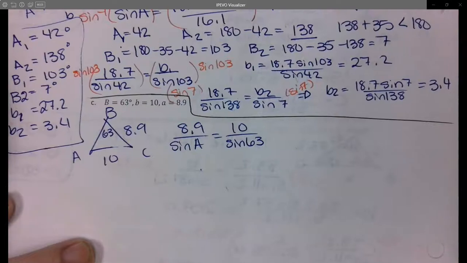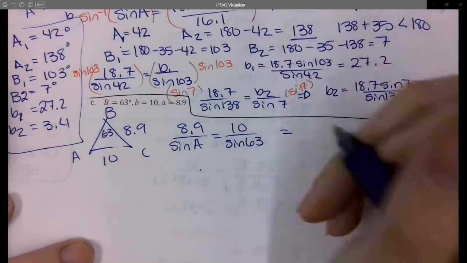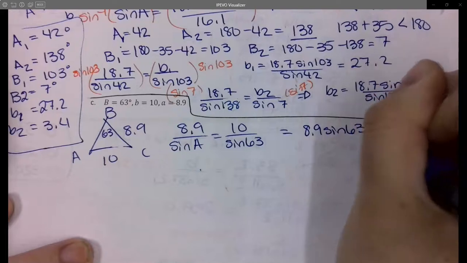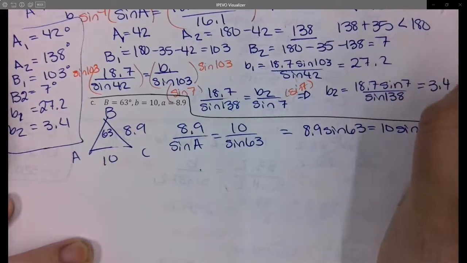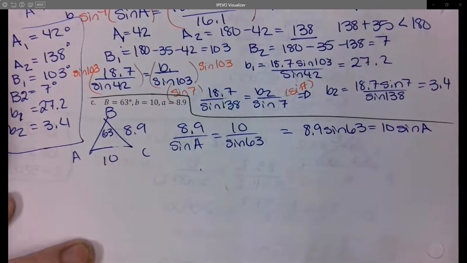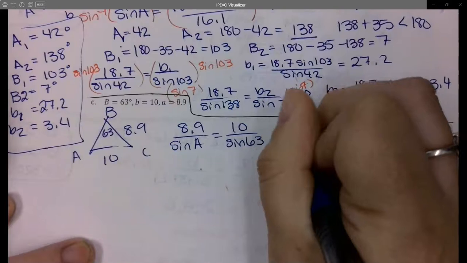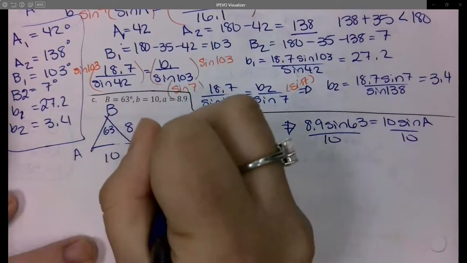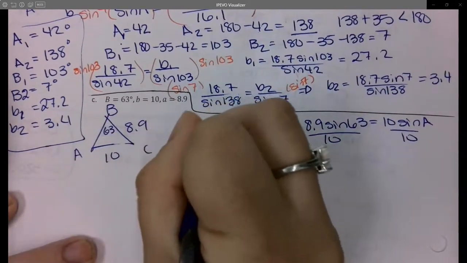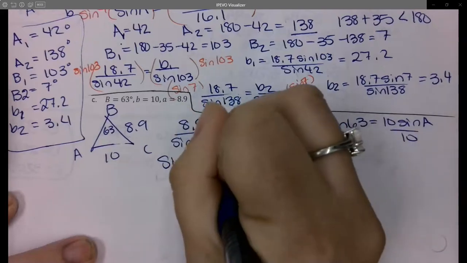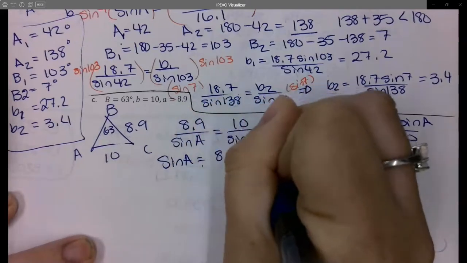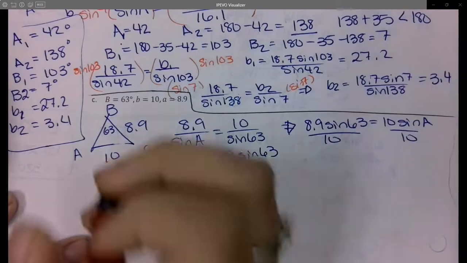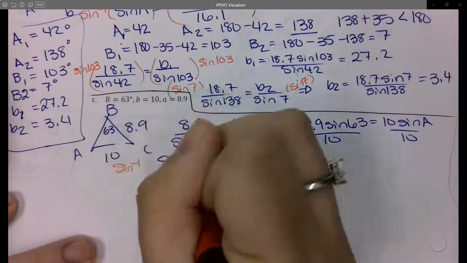On this one, I want to cross multiply. So I'm going to have 8.9 sine of 63 equals 10 sine A. I want to divide both sides by 10. This will get me sine A equals 8.9 sine 63 over 10. Then I need to find the inverse of my sine.